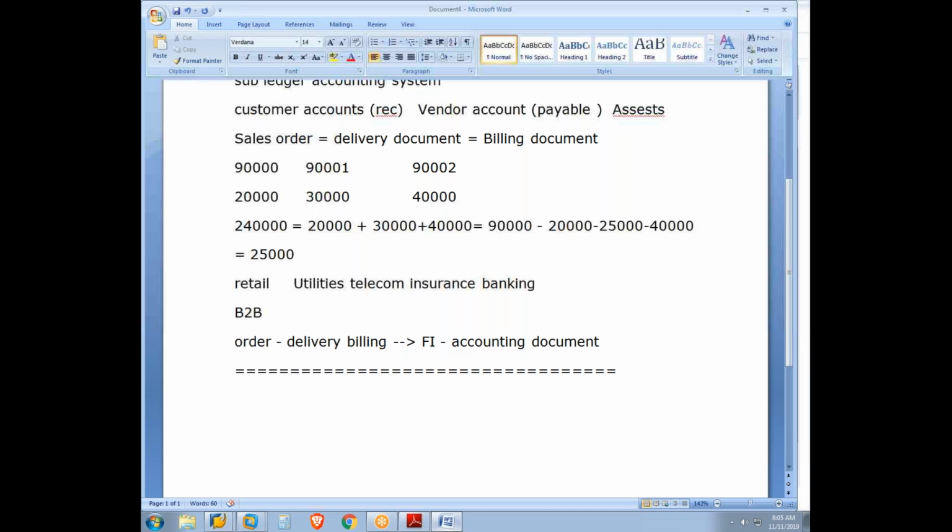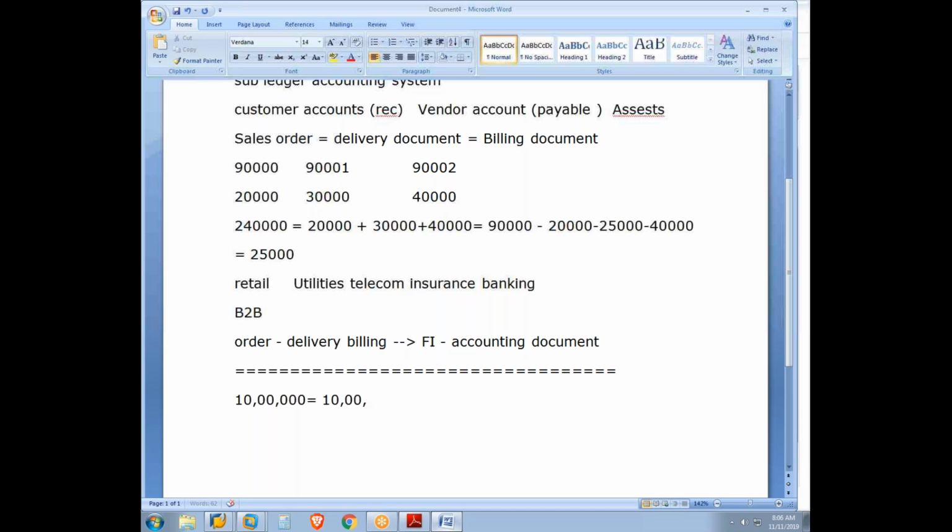Now, here comes the difference in terms of accounting. Imagine we prepared 10 lakh invoices for accounts in a utility or a telecom. Each invoice, if it is managed like financial accounting, like what you do in SD, what would happen? 10 lakh invoices means 10 lakh accounting documents.